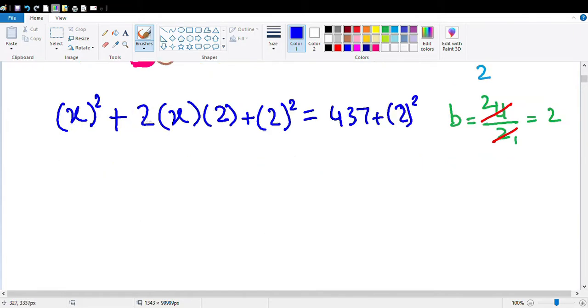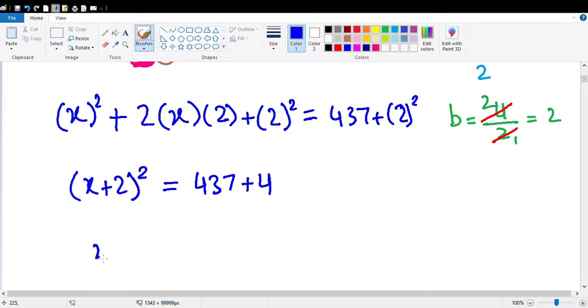That will be x, we have 2 into a into b, a squared, so you can say (x plus 2) whole square is equal to 437 plus 2 squared, which is 4. And we can write it again: (x plus 2) whole square is equal to, you add these up and you get 441.